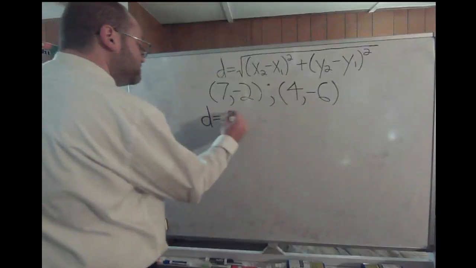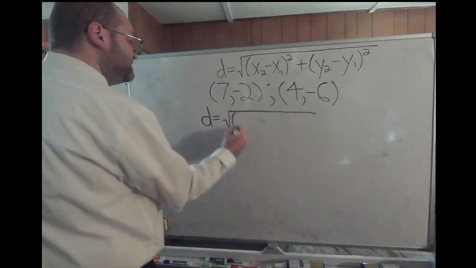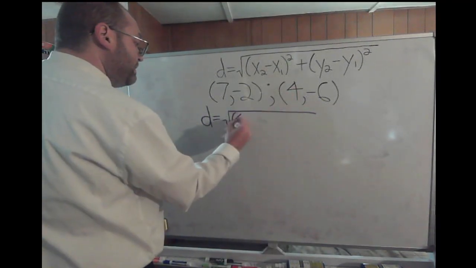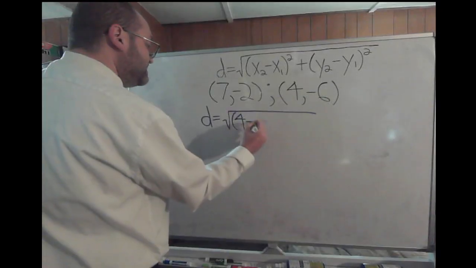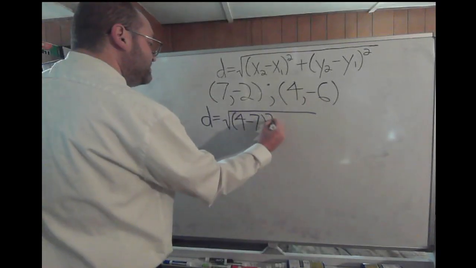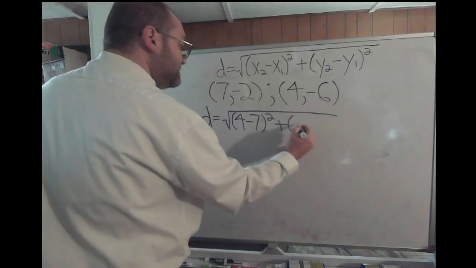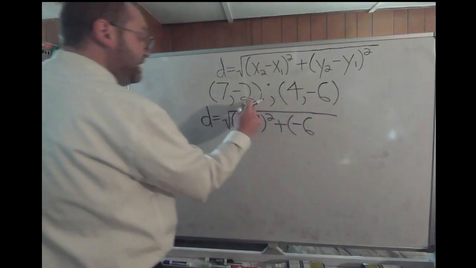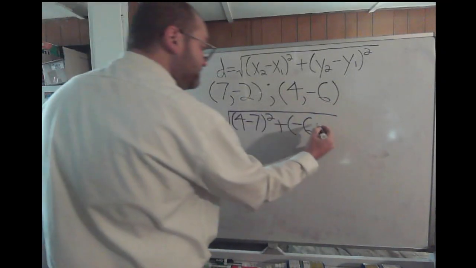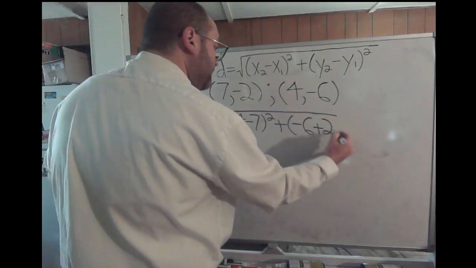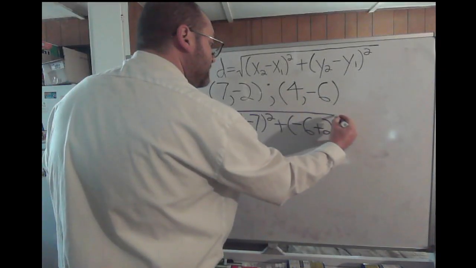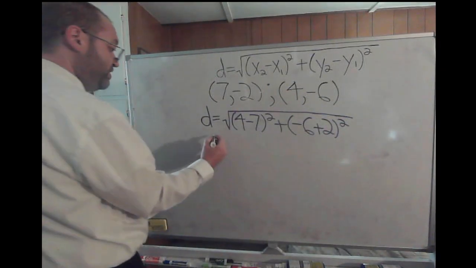Distance would equal the square root of this whole mess. So let's see, x2 is 4 minus x1, which is 7. So we'll have 4 minus 7 to the second power plus your y2, -6, minus y1. Well, minus -2 turns into +2. So that's what you have here.